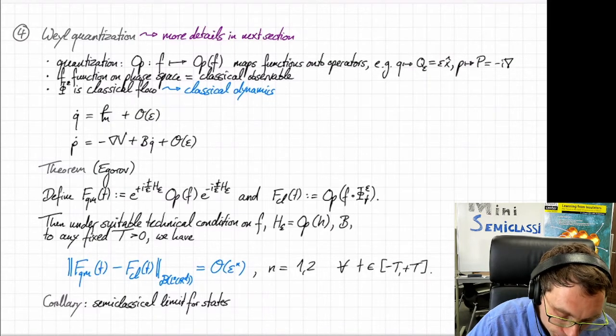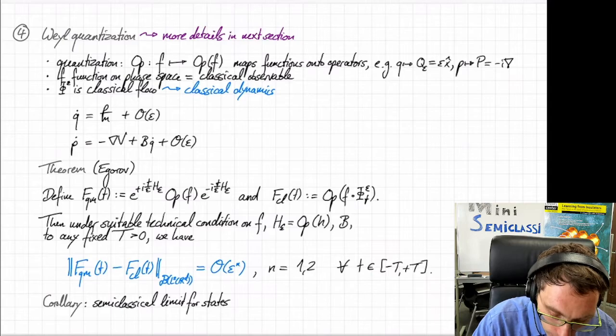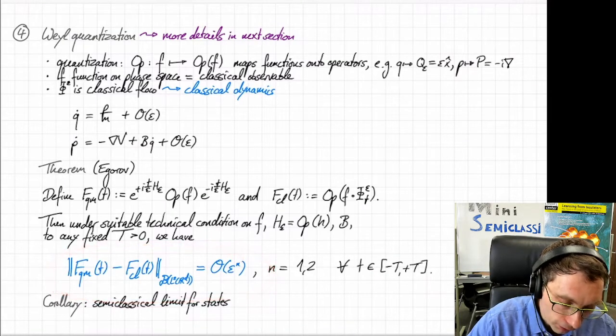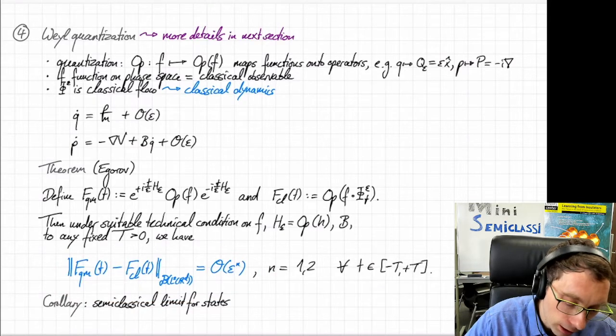You just take expectation values, and then you use the Egorov theorem to make your approximation, and that's that.